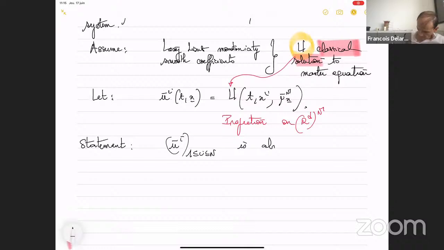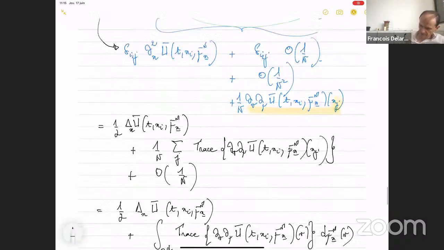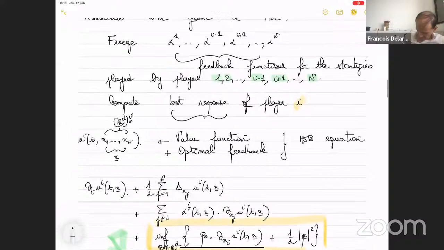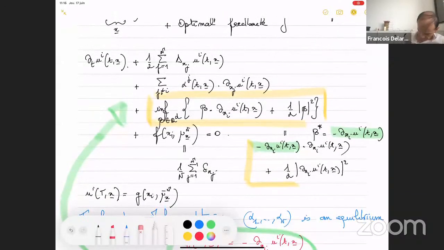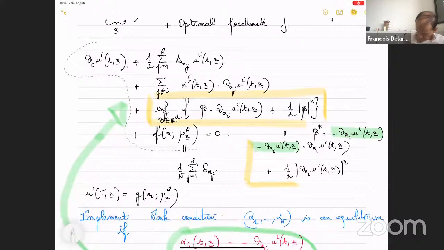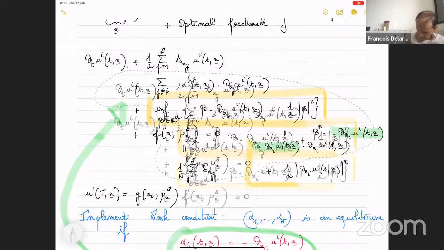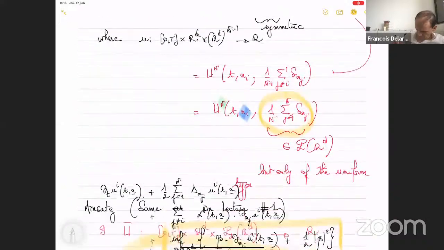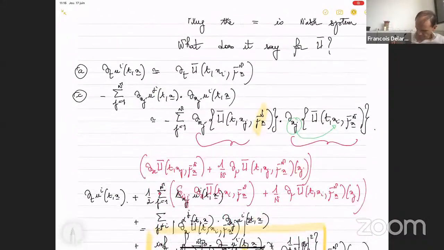This is almost a solution of the Nash system. What do I mean by almost a solution? I mean that if you take the Nash system that we had here, so let me copy this. Okay.